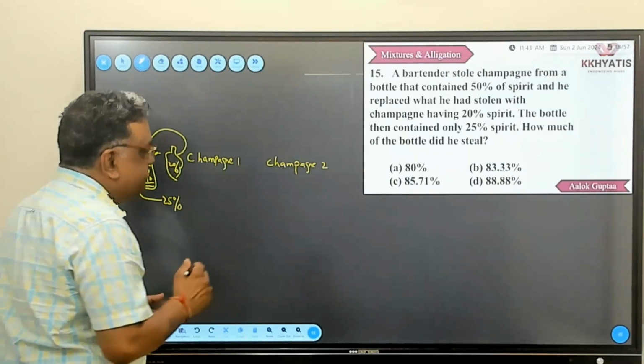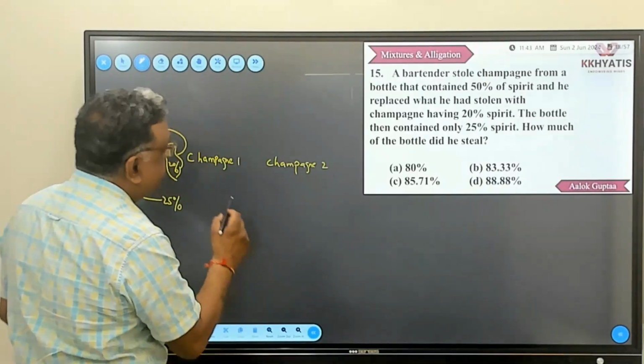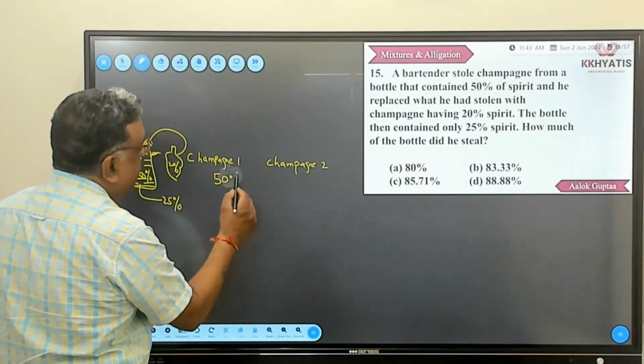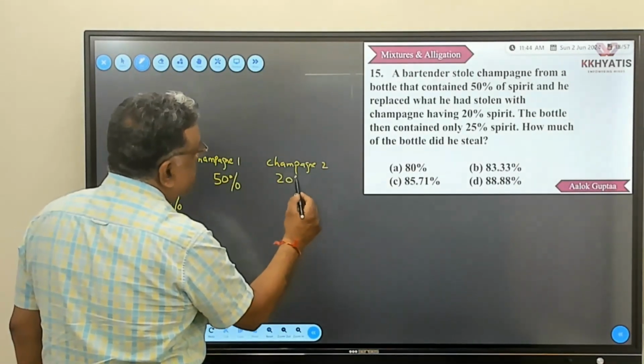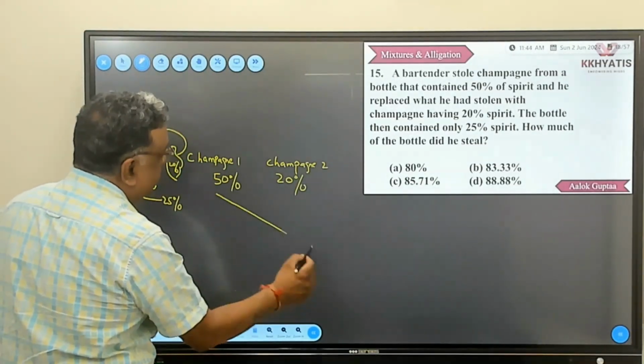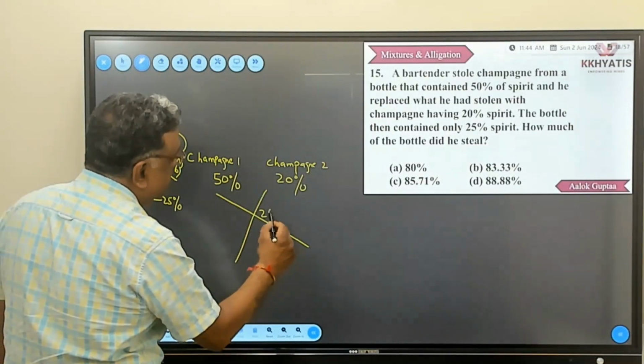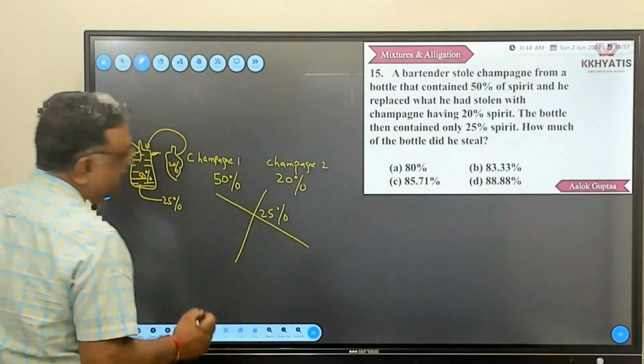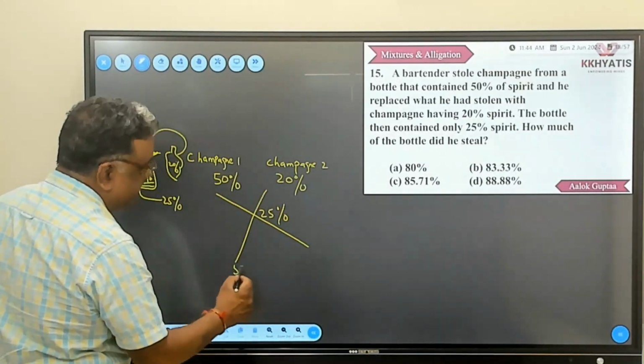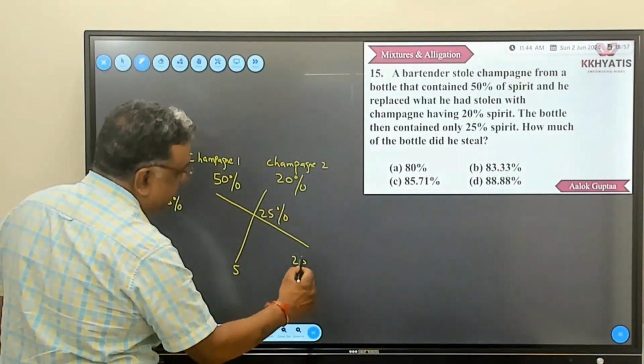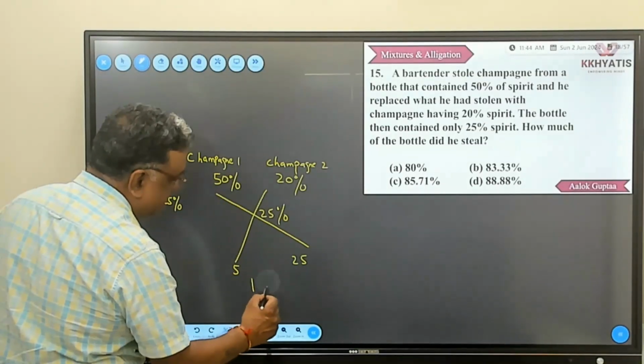So let us see. This was 50%, this was 20%. When they mixed after stealing, it is 25%. So this will be 5, this will be 25. The ratio would be 1:5.